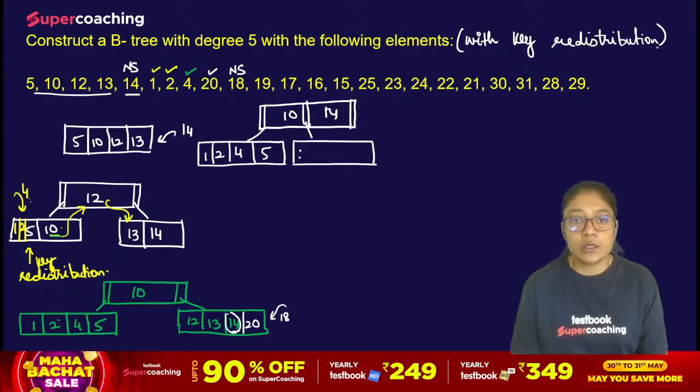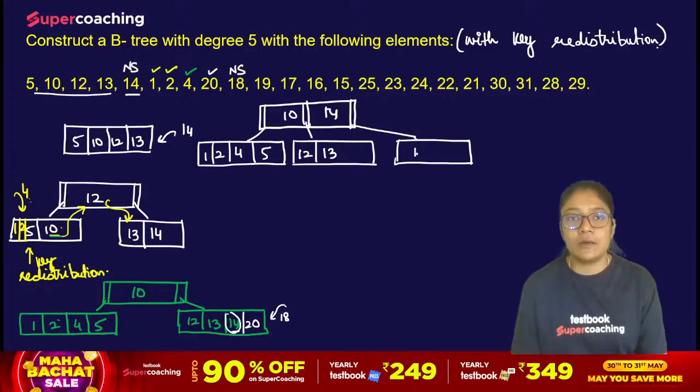So here we'll get 12 and 13, and to the right we will be getting here 18 and 20. I know what elements are coming up, so that's why I'm leaving the space beforehand. 18 and 20. So second node split took place here.